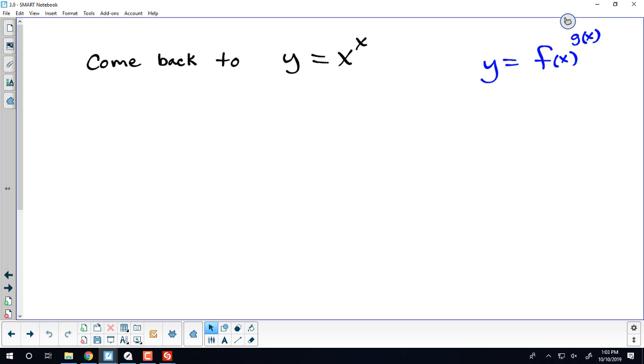And where we left off was talking about these functions that were f of x to the g of x power, that are not really exponential functions and they're not really power functions. So we did look at one method to take the derivative of those types of functions, and we saw that on page, I believe it was page 7.